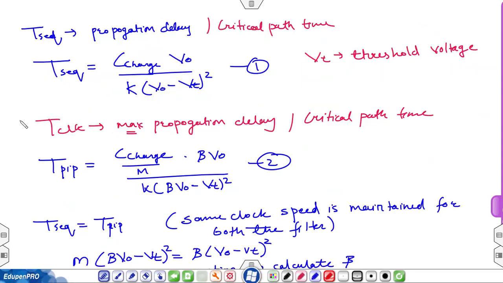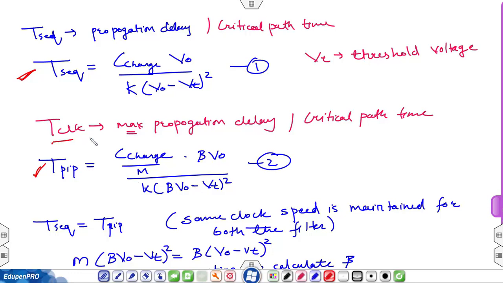You have seen these two equations. T sequential, the propagation delay of the sequential circuit, is C charge into V naught divided by K into V naught minus Vt square, and the propagation delay of the pipeline circuit is C charge by M into beta V naught divided by K into beta V naught minus Vt whole square.